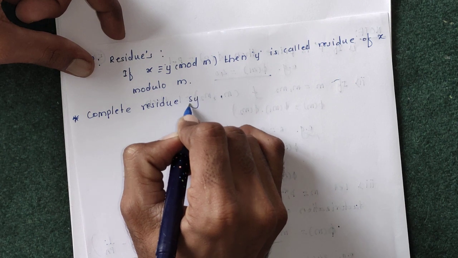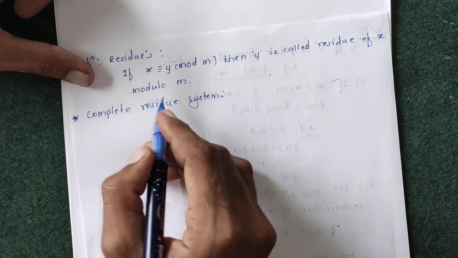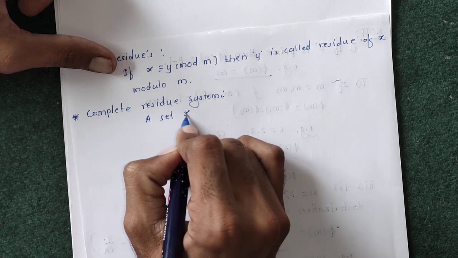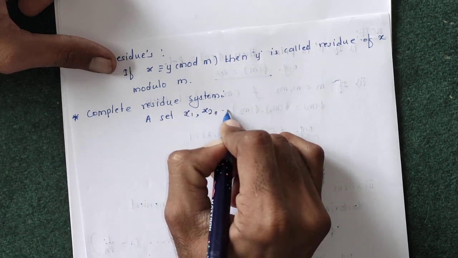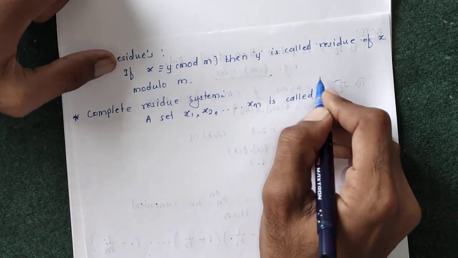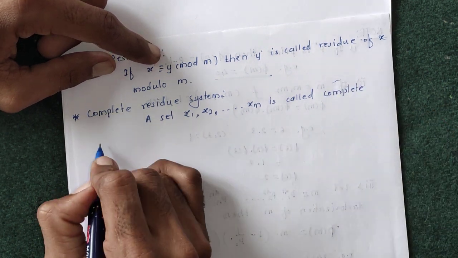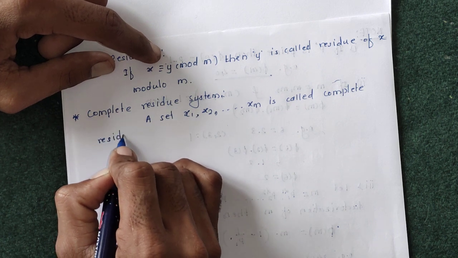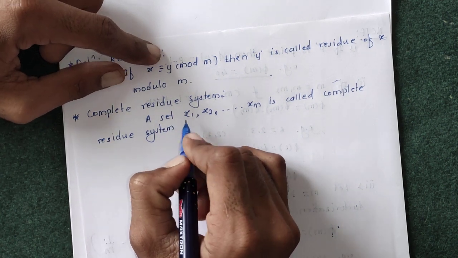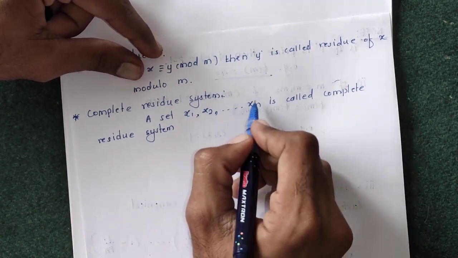The definition: a set of numbers x1, x2, up to xm is called a complete residue system under modulo m.